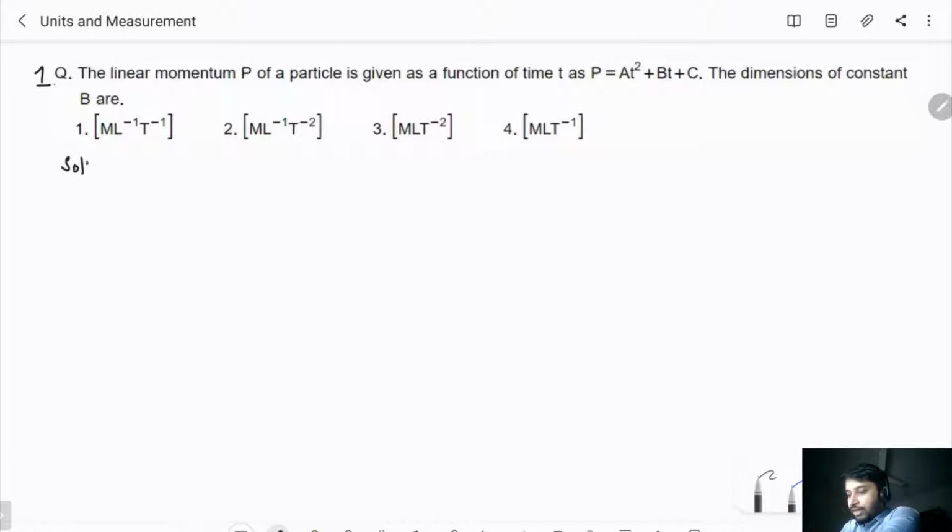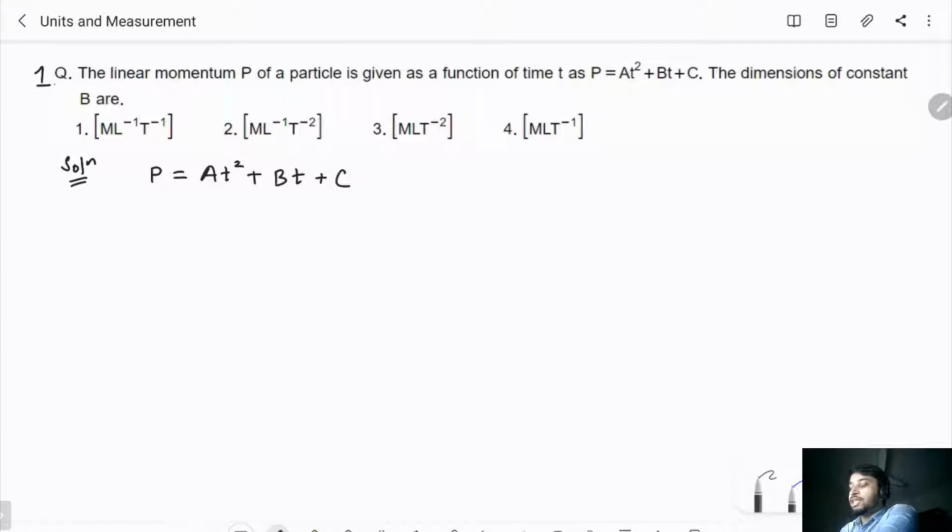So instead of finding the dimensional formula for just b, let us find it for all the three constants a, b and c. This is based on the principle of homogeneity. The mathematical expression that we have is p equal to at square plus bt plus c.